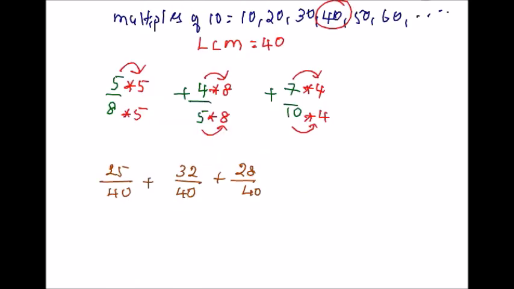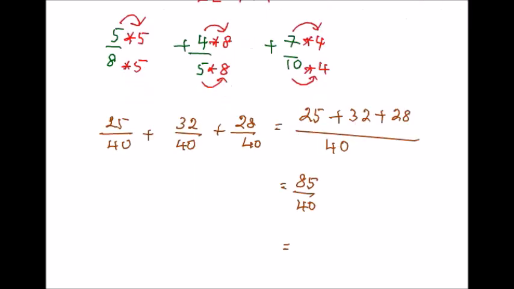Now the denominators are same, so we can add the 3 equivalent fractions. Keeping the denominator same, add all the terms in numerator. Adding the numerator, we will get 85. It's time to reduce the fraction. Common factor between 85 and 40 is 5.